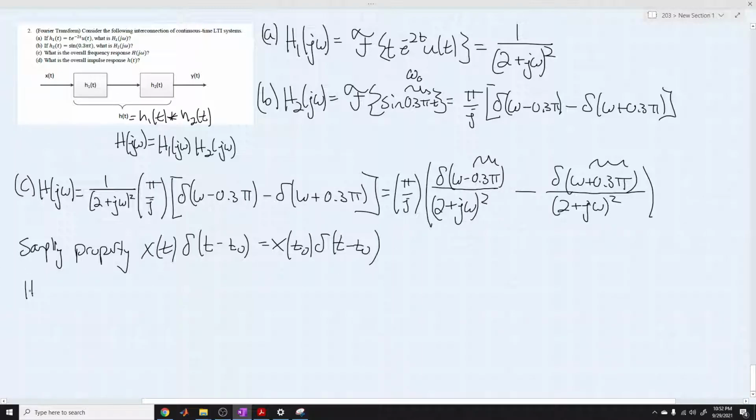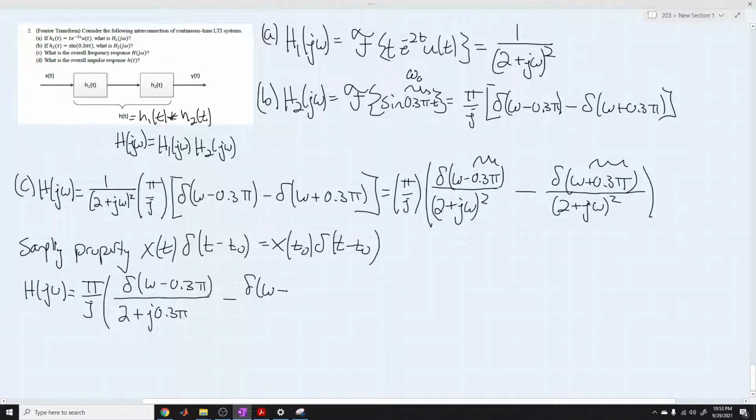So that means that H of j omega is going to be equal to pi over j, and we'll have delta of omega minus 0.3 pi, and that's going to be over 2 plus j times 0.3 pi, and then minus delta of omega.